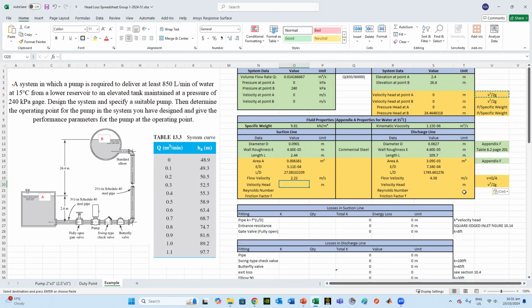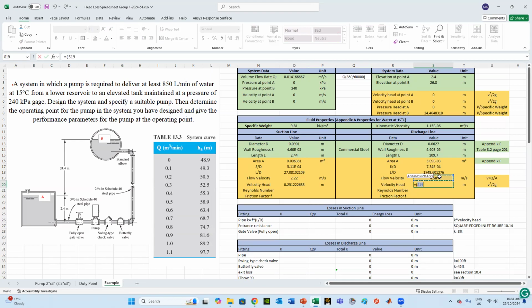Based on that equation, open brackets, this value squared, close, divided by 2 times 9.81, close the brackets. That gives me 0.25, and then I would do the same thing, brackets, this one, the velocity squared, divided by 2 times 9.81.